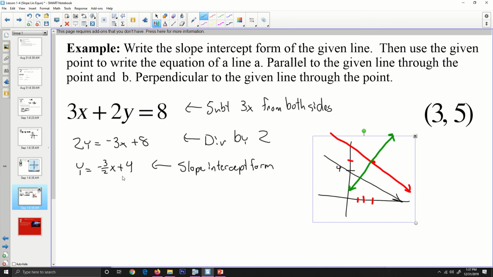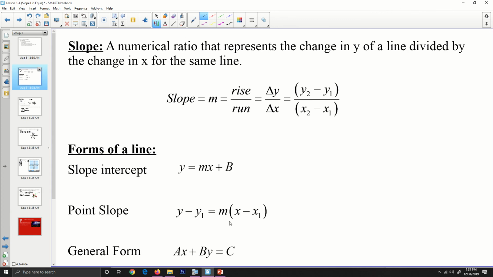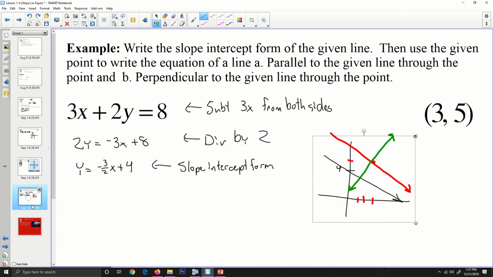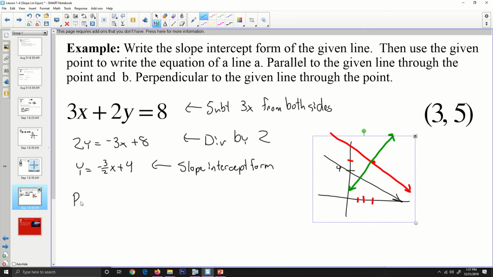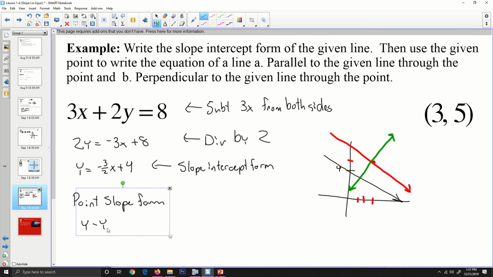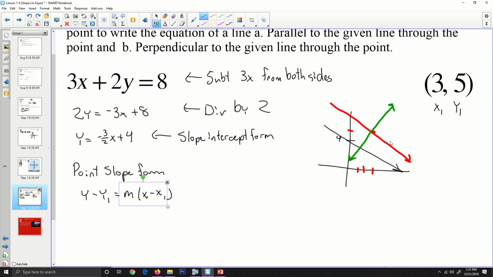So to do that, I'm going to go back up to here and I'm going to use the point-slope form of the line. And that point-slope form is y minus y1 equals m times x minus x1. Now in this particular case, this is my x1, this is my y1, and then the slope is the corresponding slope to that line.